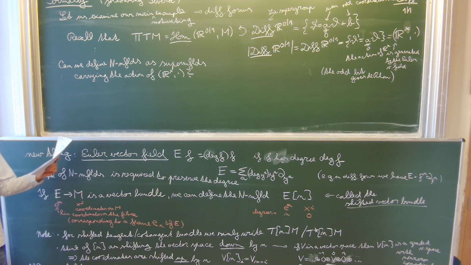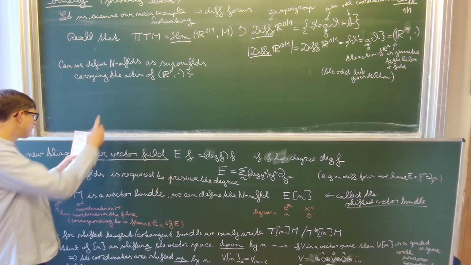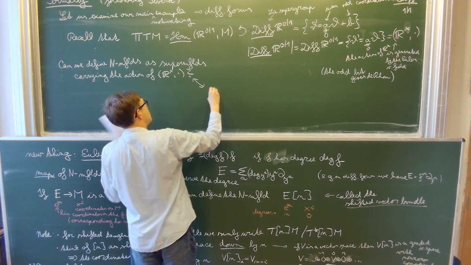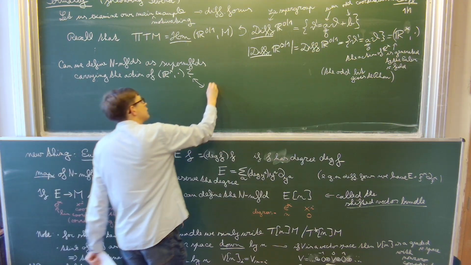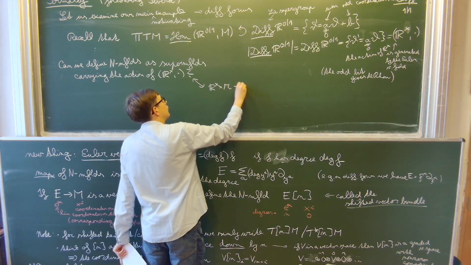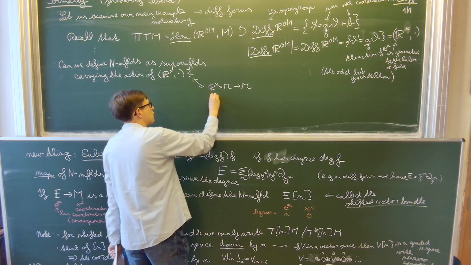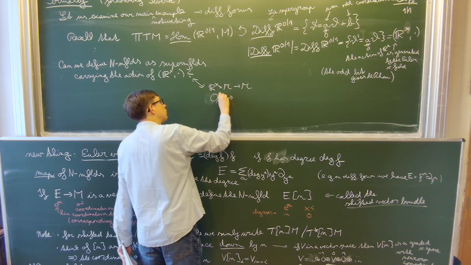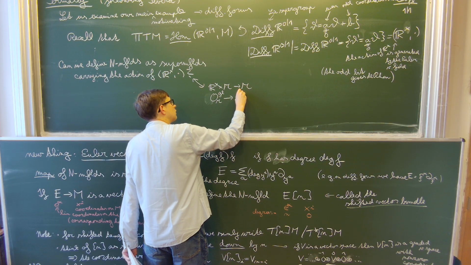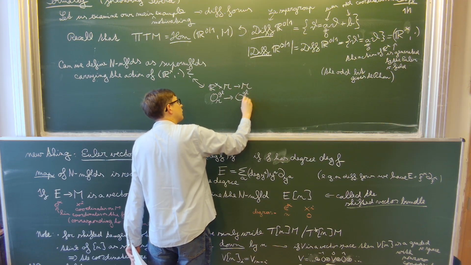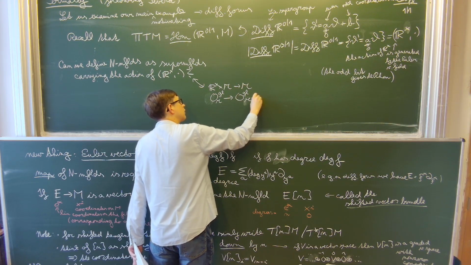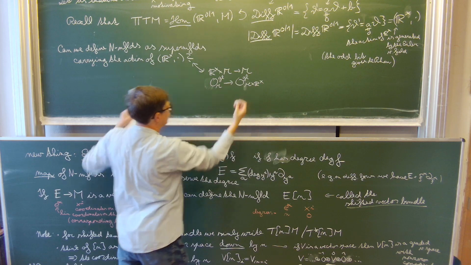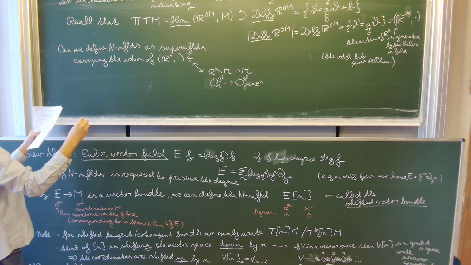So if I define this like this, what would this mean? Having an action means that I would have a map like this, which, as we know by that proposition, is the same as saying that I have a map in the opposite direction on the global functions on m times r with 0, satisfying some properties, that is, compatible with the group structure.